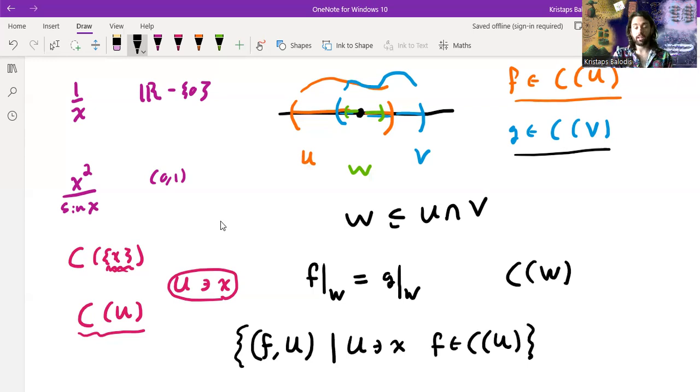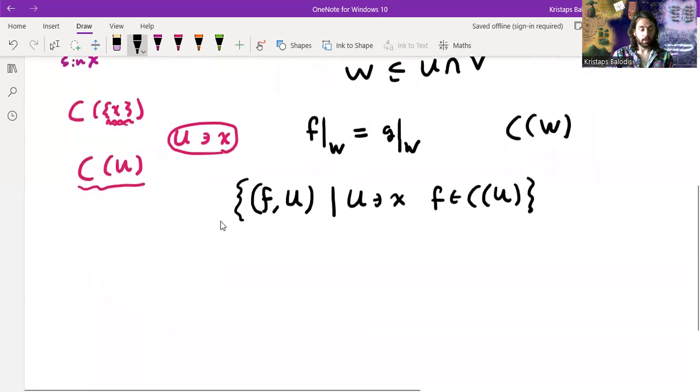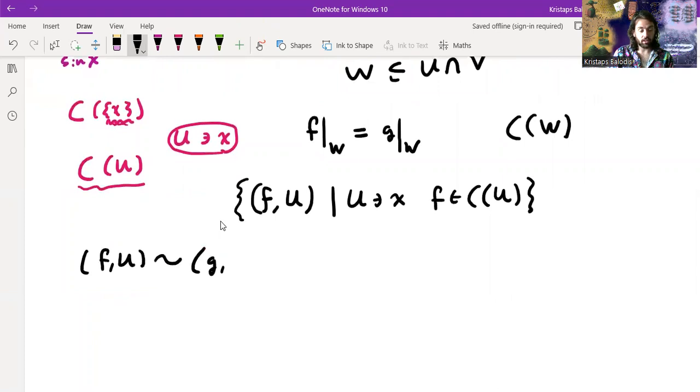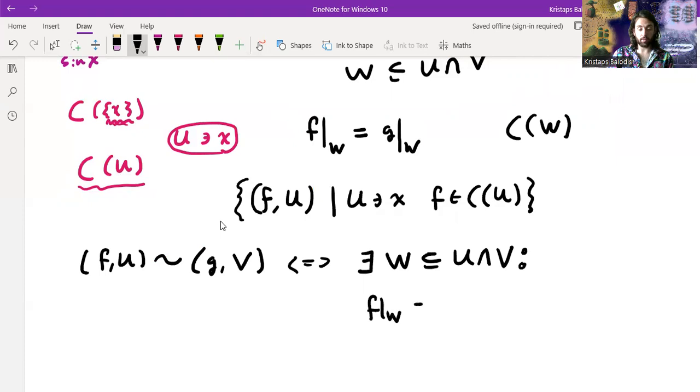And I'm going to define an equivalence relation. So I'm going to say that FU and GV are equivalent if and only if there exists some open set W in the intersection of U and V such that F, when restricted to W, is the same as G when restricted to W, right?